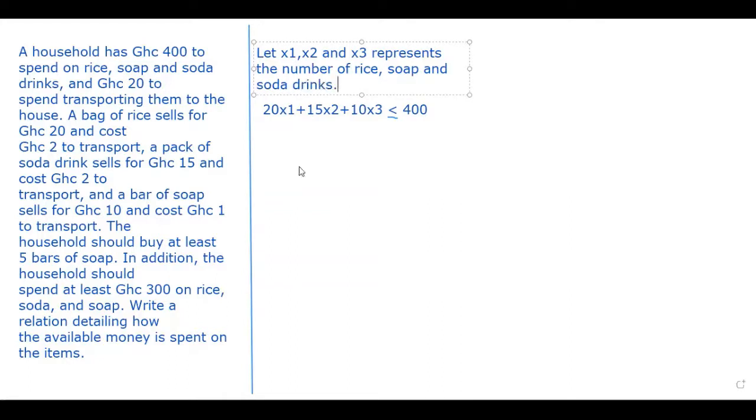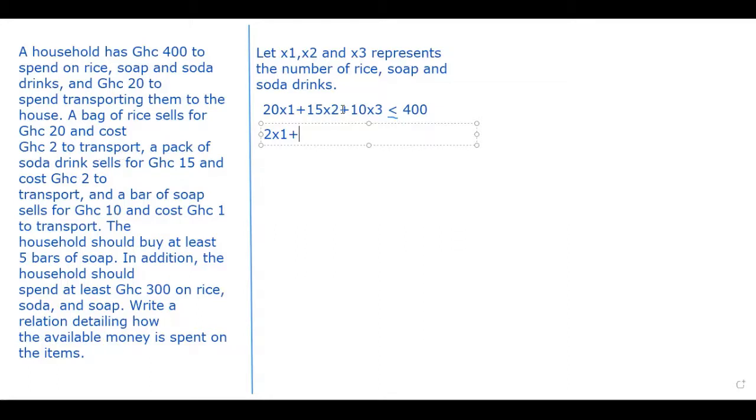All right. So let's talk about the transport. Now we are saying it costs 2 cedis to transport the rice. So that one will be 2x1 plus, a pack of soda drinks sells for 15 cedis and costs 2 cedis to transport.